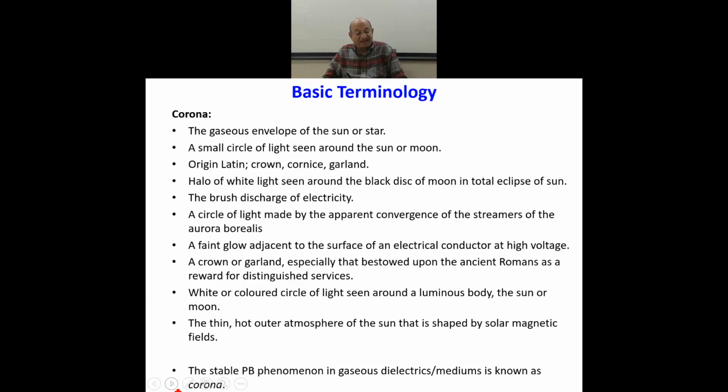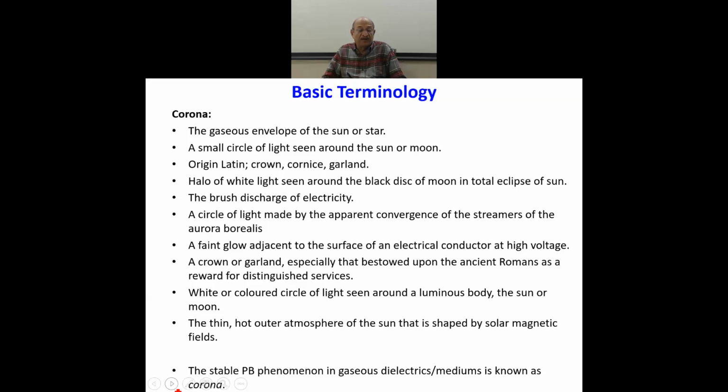Again, it has been termed as brush discharge of electricity, a circle of light made by the apparent convergence of the streamers, or the Aurora borealis. We'll come to it. So many ways it has been described. And the gaseous envelope of the sun or a star, the sun is also a star.